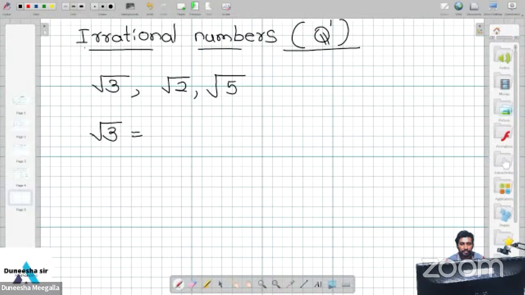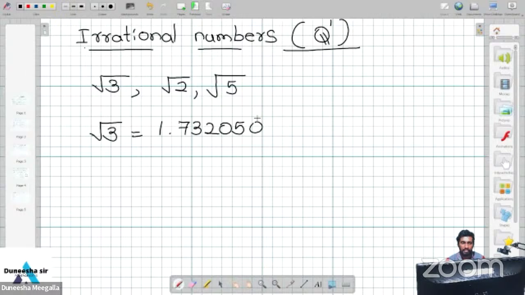What is it? It's about 1.7320 and then it's going to infinity. There are many digits, isn't it? 0 5 0.